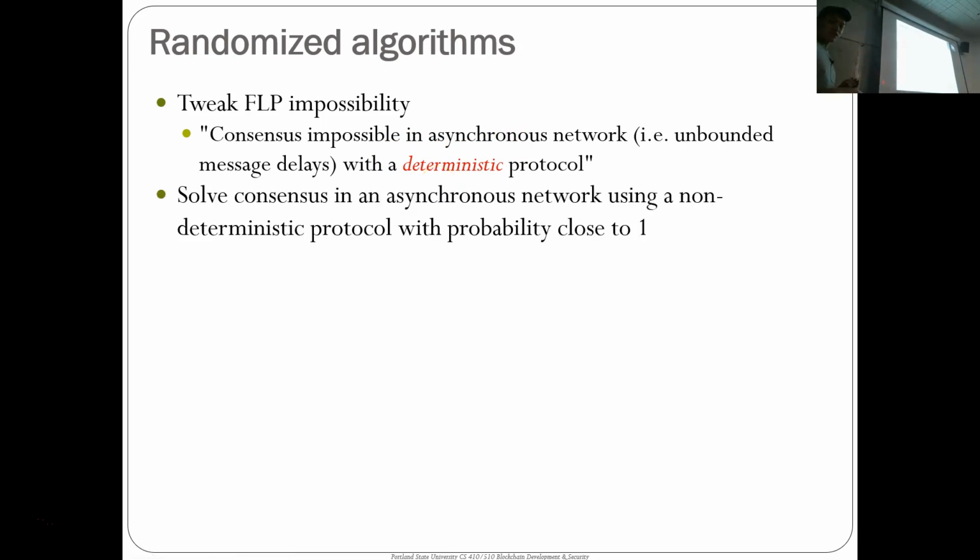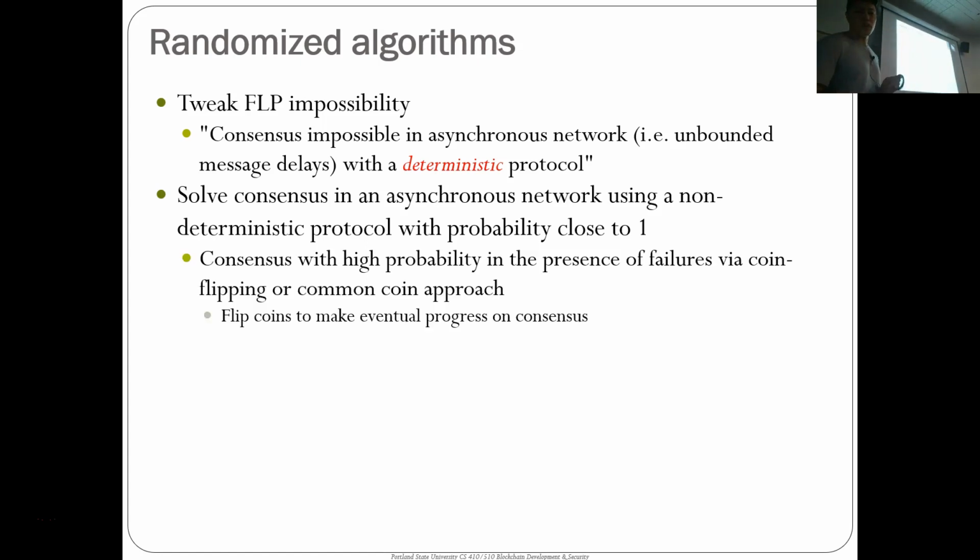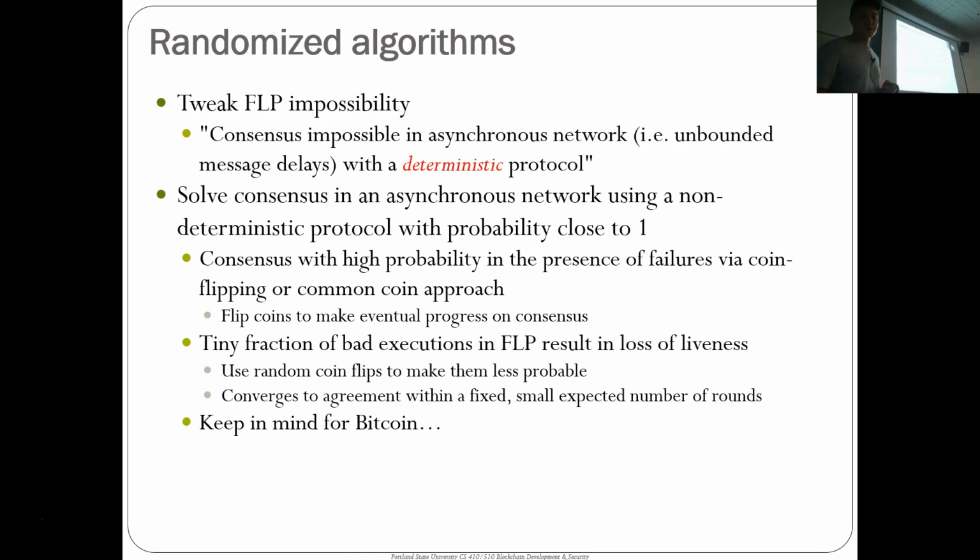So the idea of these things is to try and solve consensus in an asynchronous network using non-determinism with a probability close to 1. So what they're trying to do is to get consensus with a high probability using what we call coin flipping. So this is the coin flipping approach to always make progress in the agreement protocol.